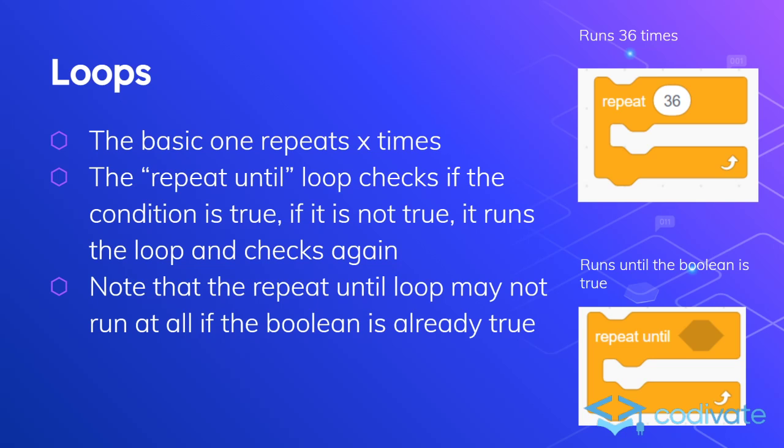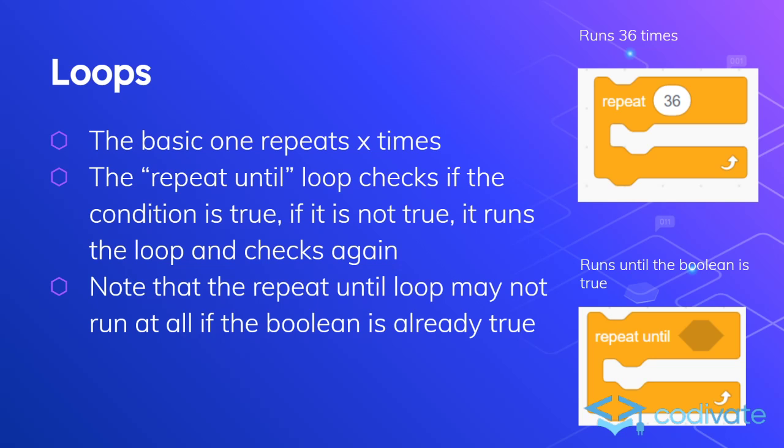The repeat until loop is kind of like an if statement, but not. Basically, it's going to check if your condition is false. So it's an anti-if statement. So let's say repeat until my number is 2 or greater.